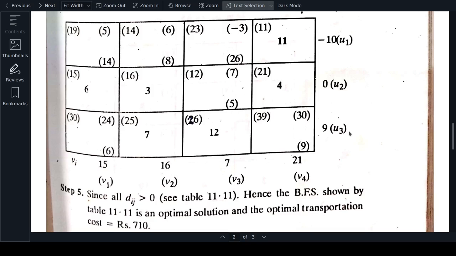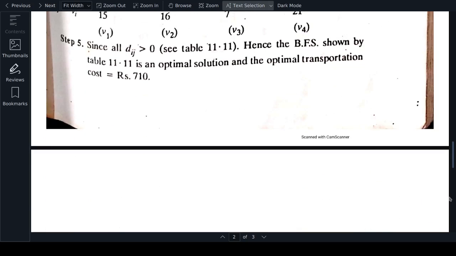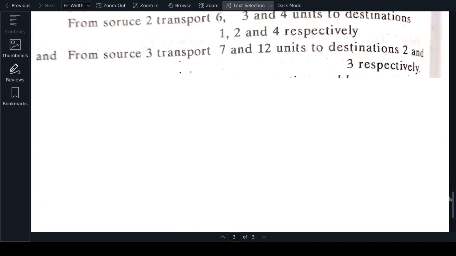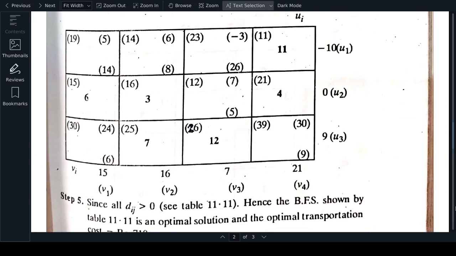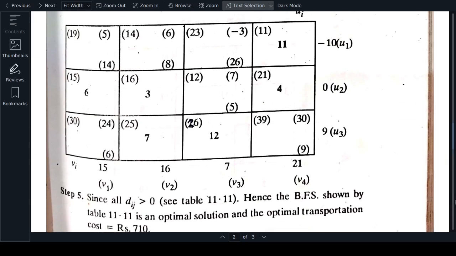So Dij value is what? Cij minus (ui plus vj). So Cij means cost. So 19 minus 5 is 14. You see in the first cell C11 we have written 14. Next 14 minus 6. Next 23 minus (minus 3), 26.